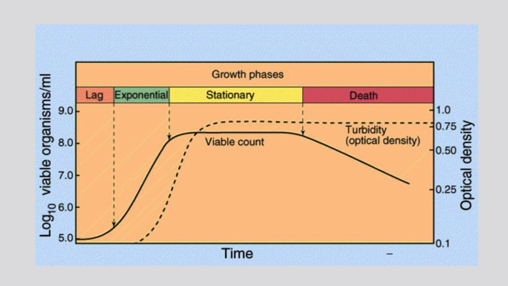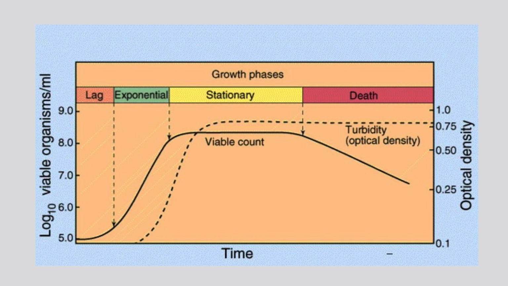The number of cells that are dividing, or live cells, becomes equal to the number of dead cells. So the overall net growth becomes 0. That is why you can see the straight line, the stationary phase. And finally, the fourth phase of the growth curve is the death phase, where the net growth is very much less than the death that is happening in the bacterial cells.